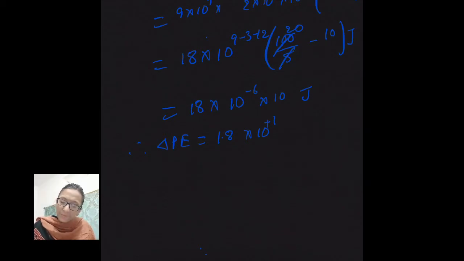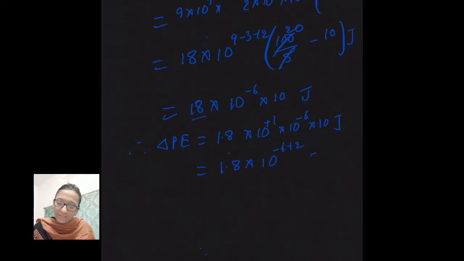So 10 power plus 1, okay. Here we have reduced the value, so power will be added. From 18 it is made 1.8. So 10 power plus 1 into 10 power minus 6 into 10 joule.